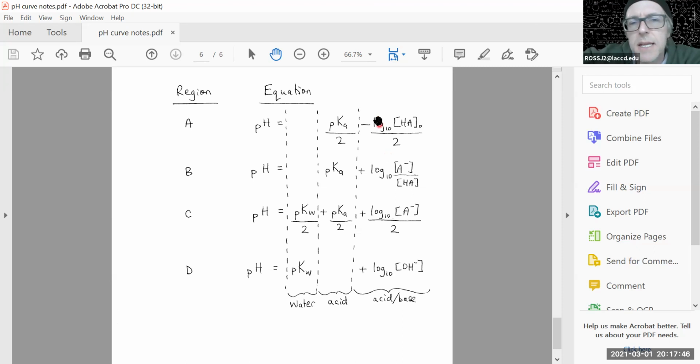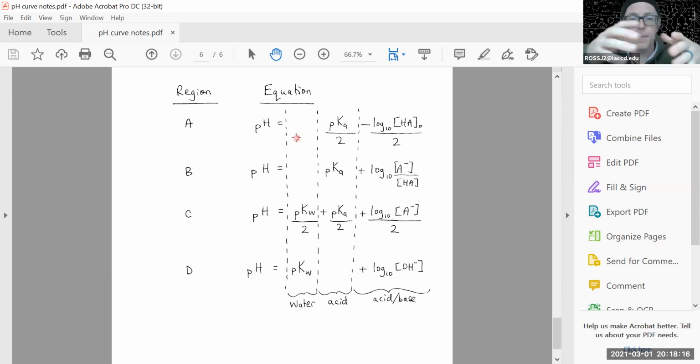Well, it kind of makes sense with hindsight that there's no water, because water is a product after the equivalence point. So we wouldn't expect to see water until the equivalence point, right? Because remember our definition of a neutralization reaction, acid plus base gives us salt and water. We're nowhere near that phase yet. We're still at the beginning of the titration. So it kind of makes sense with hindsight that there's no water term.